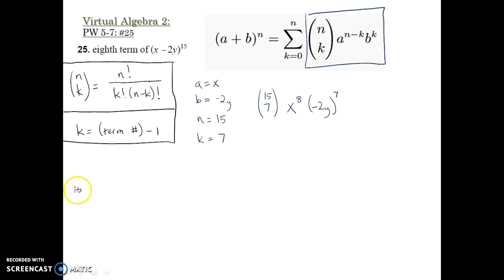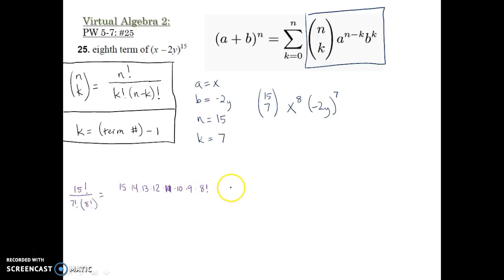So that's going to be 15 factorial over 7 factorial times, let's see, n minus k. So 15 minus 7, or 8 factorial. So that's going to be 15 times 14 times 13 times 12 times, I forgot, 11 times 10, 9 times 8, and now I'm going to do a little shortcut here, which is instead of writing 8 times 7 times 6 times 5 times, I'm going to write 8 factorial, right?